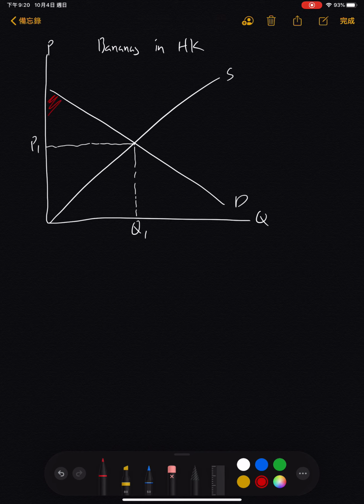So here for the red area, we all know that is the consumer surplus. I'm just going to name it CS. And for the one below, we all know that is basically the producer surplus. That's the very basic domestic micro diagram, only focusing on one particular good.